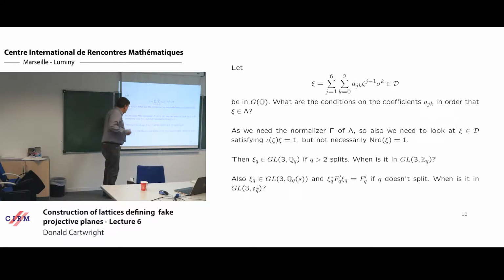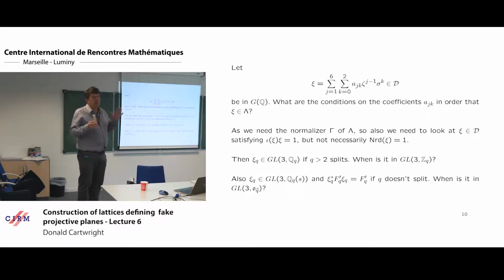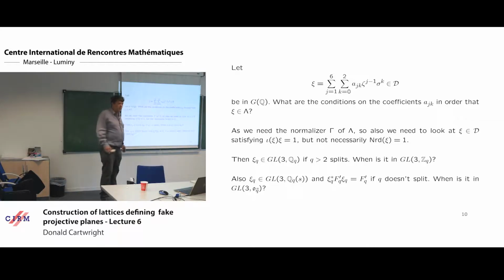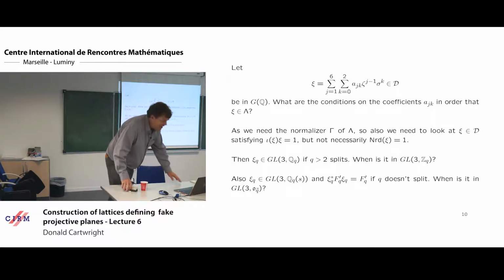So anyway, we have a zeta, we take its image, which will be in here when Q splits, and we want to know when we're actually in here. Similarly, when Q doesn't split, we get a thing which has entries in QQS and is unitary with respect to this form, and we want to know when it's actually got entries here. Okay. If I were being more precise, I'd be working with lambda, and then we've got an SL there, an SL there, and SL and SL. But I'm skating over that.